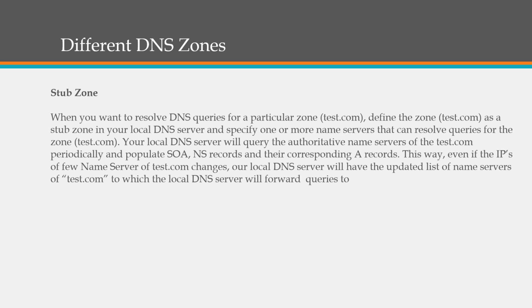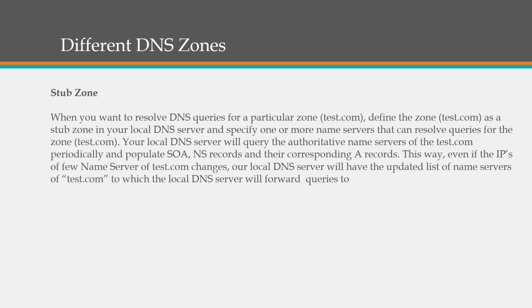This way, even if the IP address of a name server of test.com changes, since our DNS server is periodically querying the SOA, NS and their corresponding A records, it will always have the updated list of name servers of test.com to which my local DNS server will be sending queries.